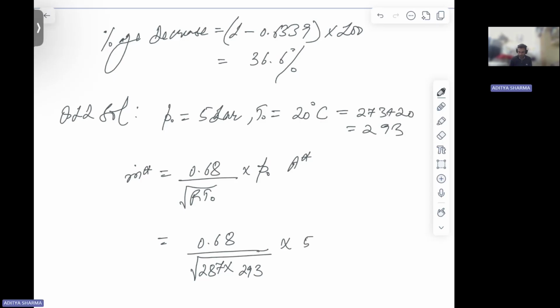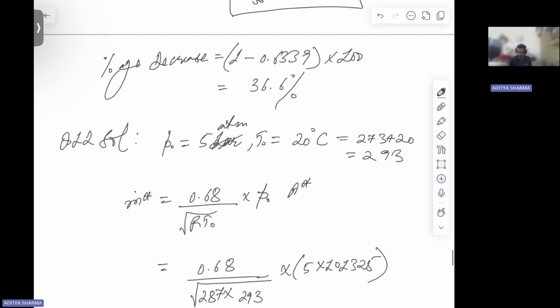P naught is 5 bars, the 101325. Actually, 1 atmosphere is 101325, let's say it is this.